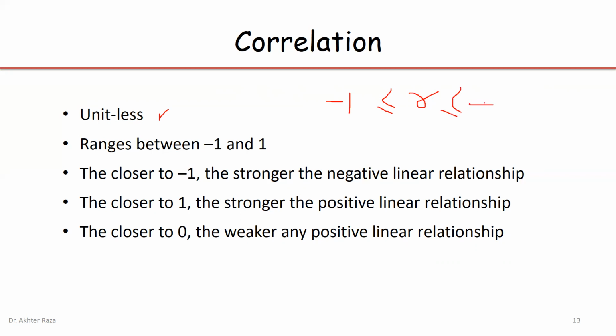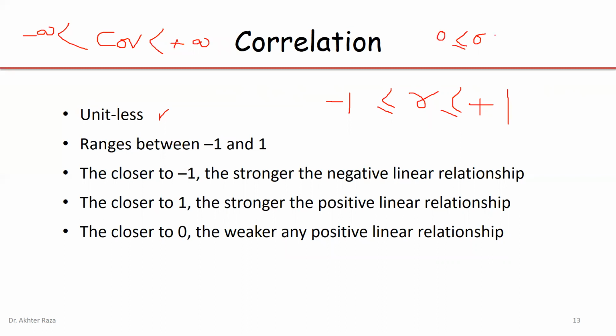Can any one of you tell me the range of covariance? The range of covariance is, we may have any number from -infinity to +infinity. So we cannot say anything about the range of covariance. It can be any number on the real number line. But as you already have an idea, the standard deviation is always positive.